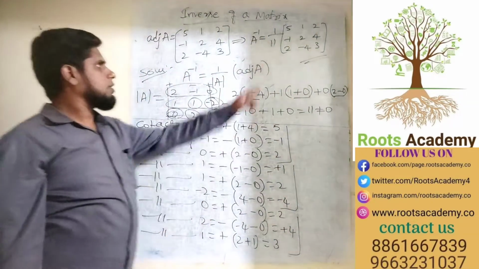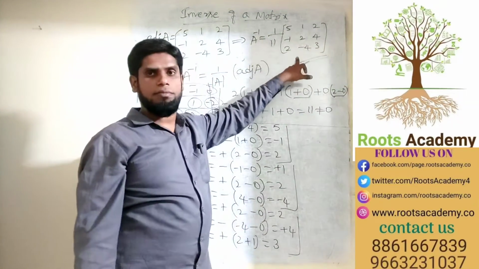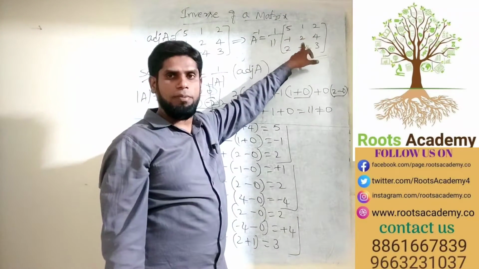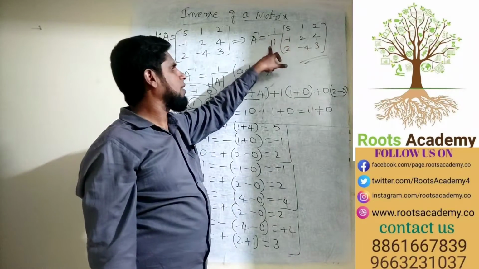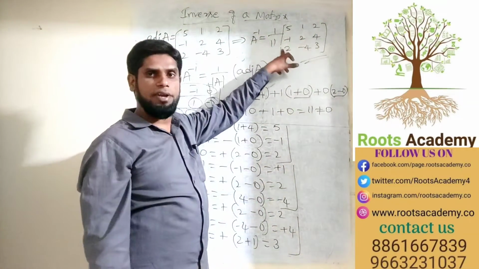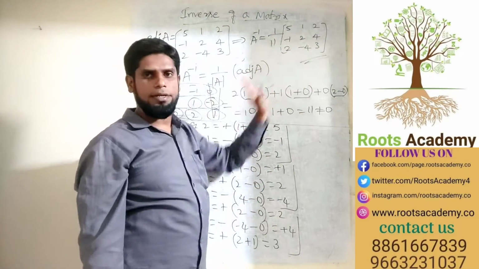Now student, if you want, you can divide each and every element of this matrix by 11, because this adjoint matrix is multiplied by 1 by 11 or divided by just 11, or you can stop here.